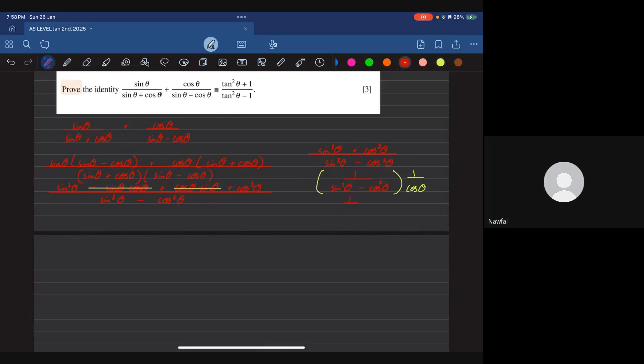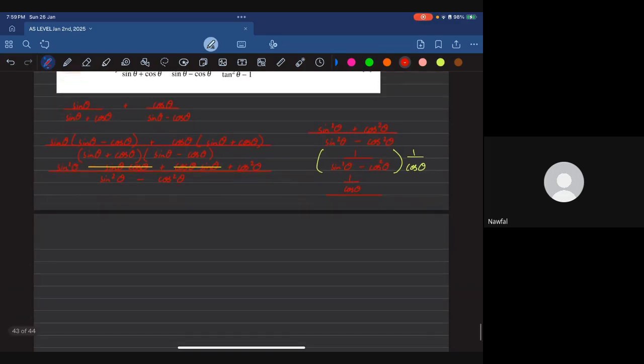I'm going to get 1 over cos theta over sine square theta minus cos square theta over cos theta, like dividing it.